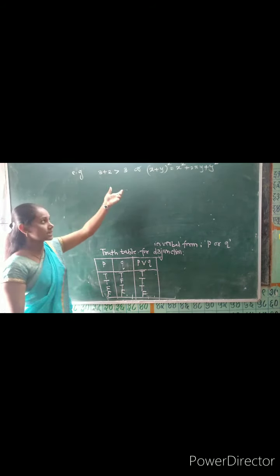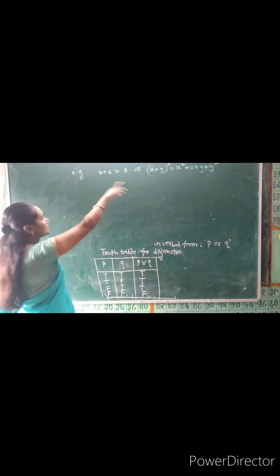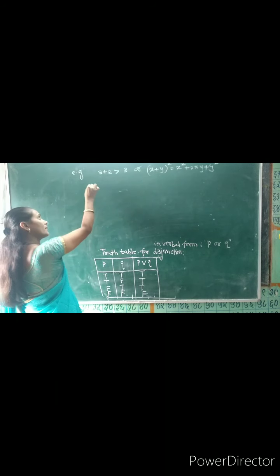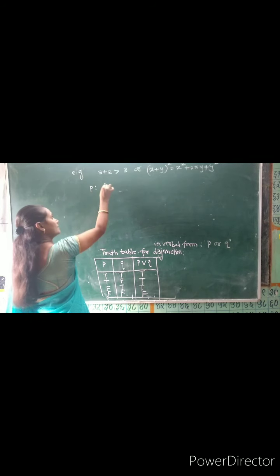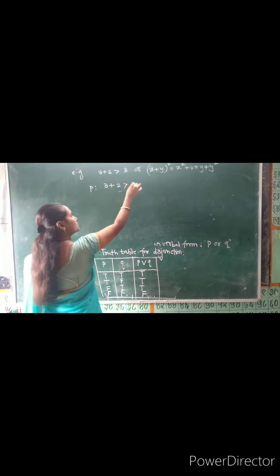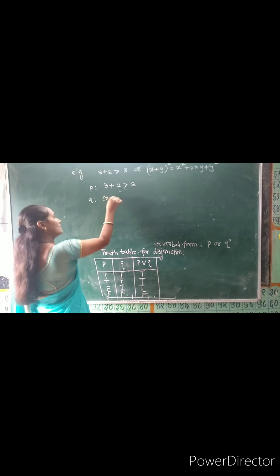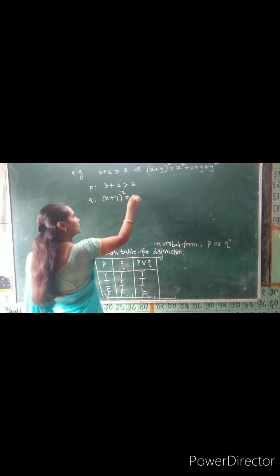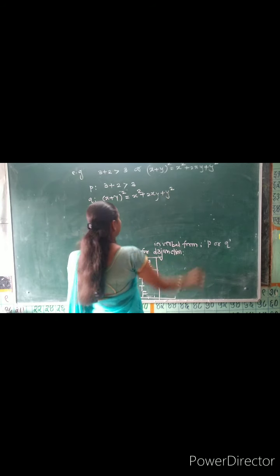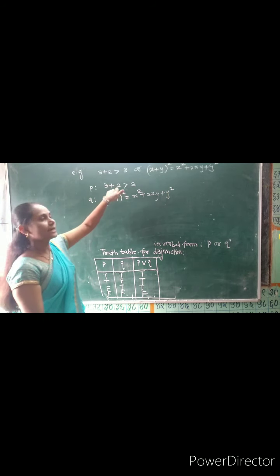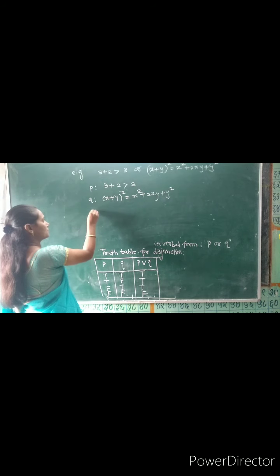Here we are given two statements joined by the logical connective "or", therefore this statement is a disjunction. The first statement is 3 plus 2 is greater than 3, and the second statement is (x plus y) square is equal to x square plus 2xy plus y square. In the first statement, 3 plus 2 is 5, which is always greater than 3. Therefore the truth value of statement P is true.